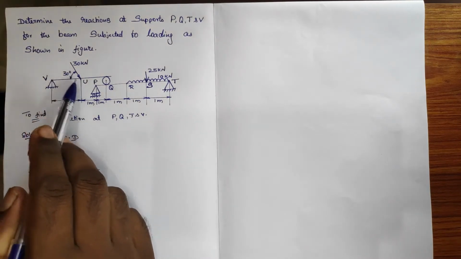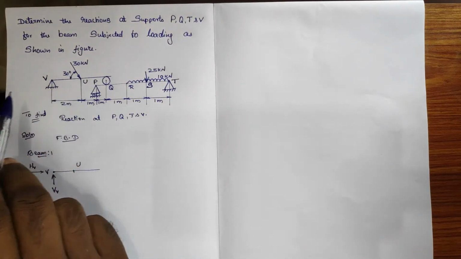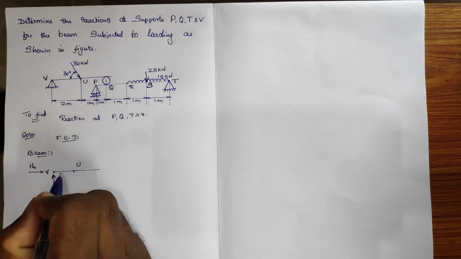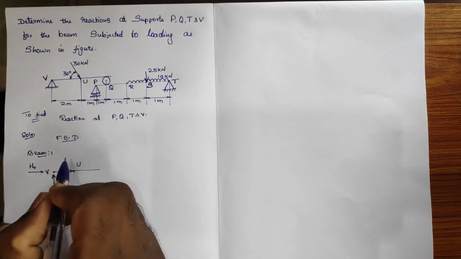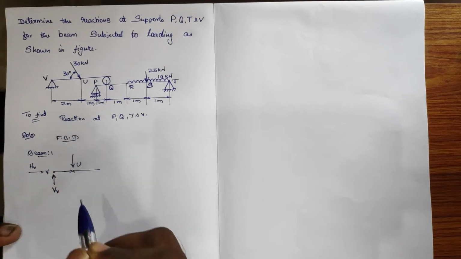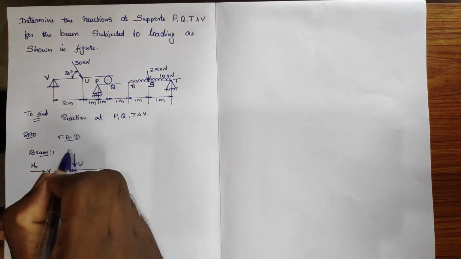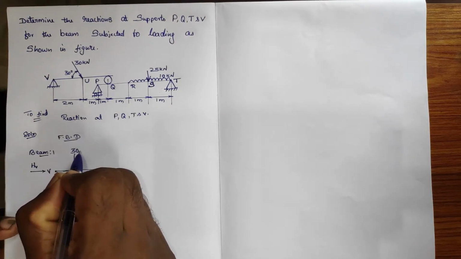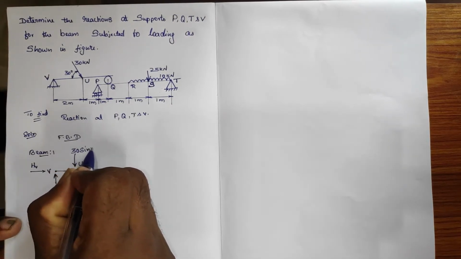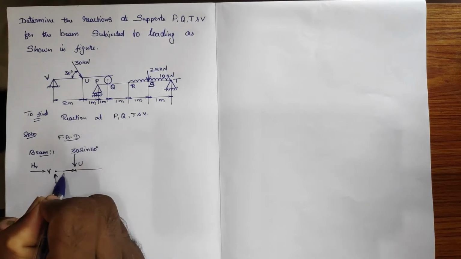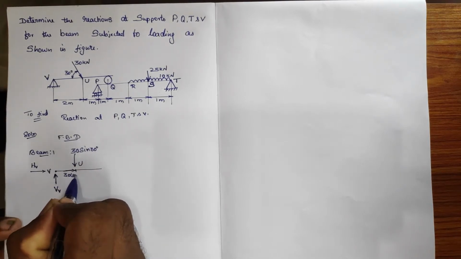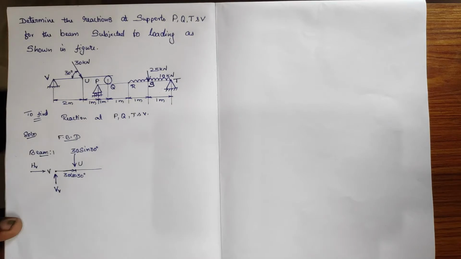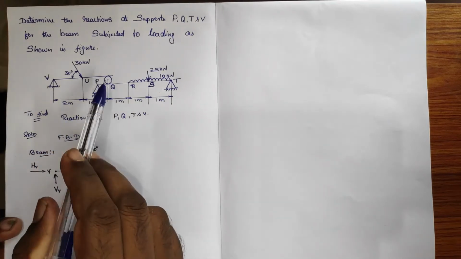Since it is moving in such a manner, we can predict horizontally it is moving to the right side, and vertically downwards. We can assign these forces: the vertical one is 30 sin 30 degree, and the horizontal is 30 cos 30 degree.